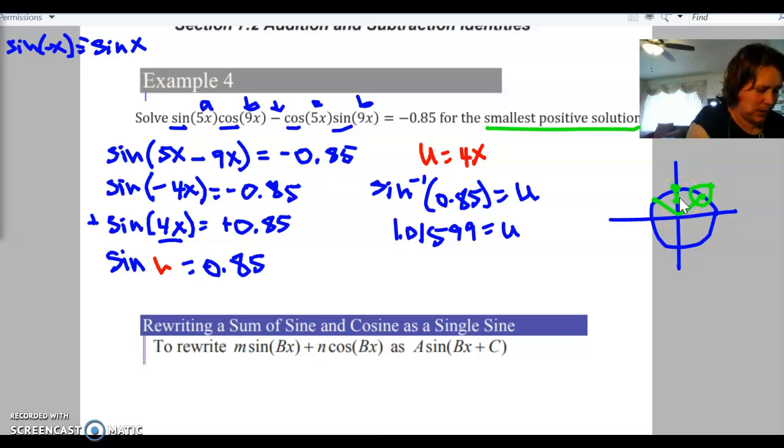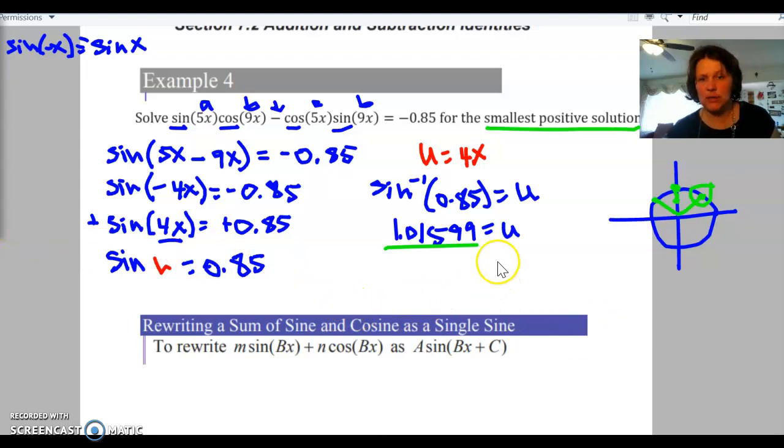So what is pi over 2? Pi over 2 is 1.57. So the value of 1.01599 is definitely less than that, so we know we've got the correct position. All right, we are not done, of course. We still need to go back and solve for x.